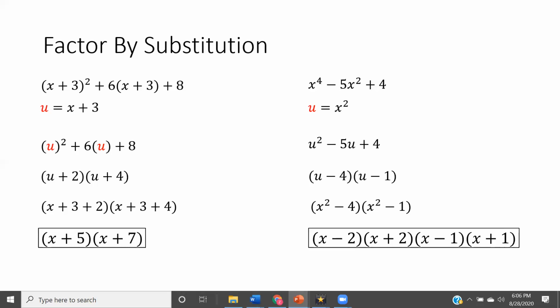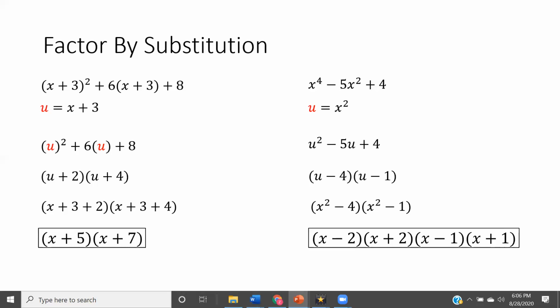We'll go through more examples in class. One thing worth mentioning about this factoring by substitution is that this is pretty much what you're going to see. You're not going to see something with x to the 7th, or each term being something like x to the 4th plus x to the 3rd plus something weird like that.